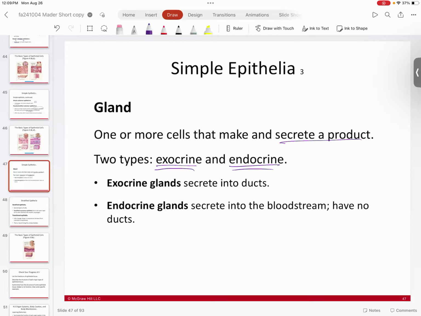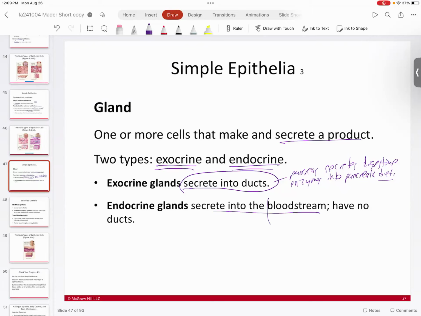Typically an exocrine gland is a situation where you secrete into a duct-like system. For instance, your pancreas secretes digestive enzymes into the pancreatic duct. Endocrine glands dump their secretions directly into the bloodstream.